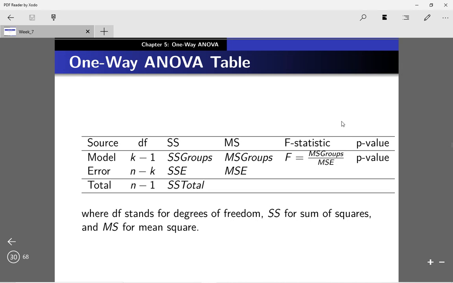And a lot of these values are actually interpreted the same. So we have the sum of squared errors, SSE, sum of squared total, SS total, sum of squared groups, which is how much variability is explained by the groups. MSE is mean squared error.